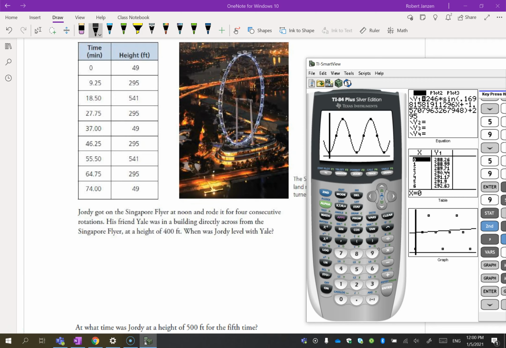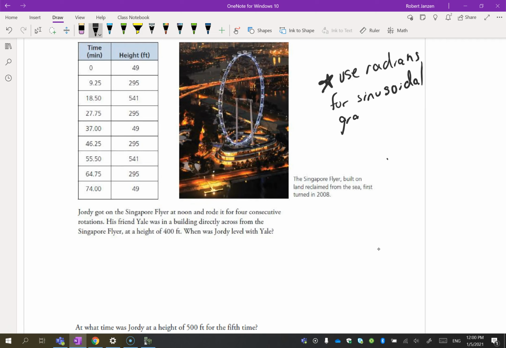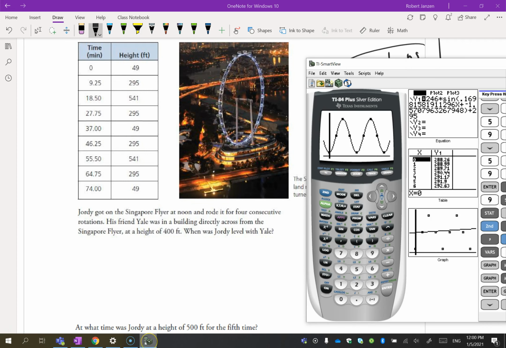So maybe this is worth putting here somewhere. Use radians for sinusoidal graphs. That should be a reminder to you. Now, what were we asked to do?